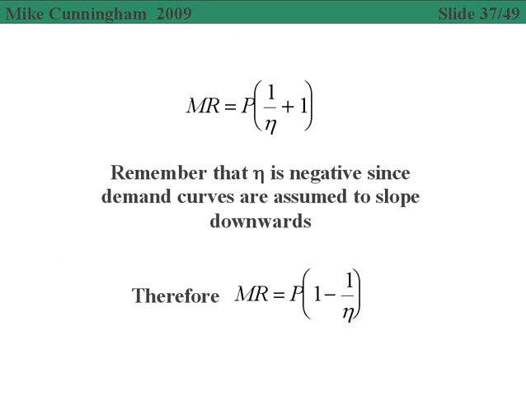Well, if eta is negative, then in fact we should say marginal revenue is equal to price into 1 minus 1 over eta, because this one's a negative, so move it over there, move it to the right. Okay, that's the relationship between marginal revenue and price. Price is average revenue. If we multiply price by this figure, we'll get the marginal revenue.